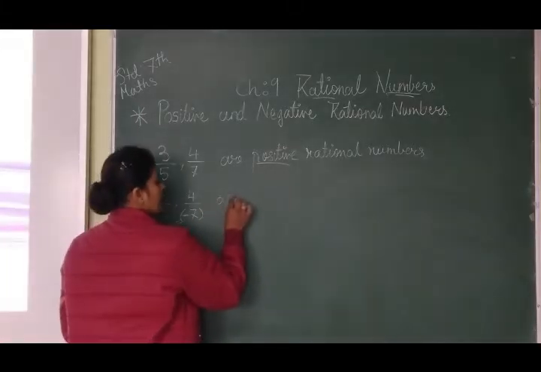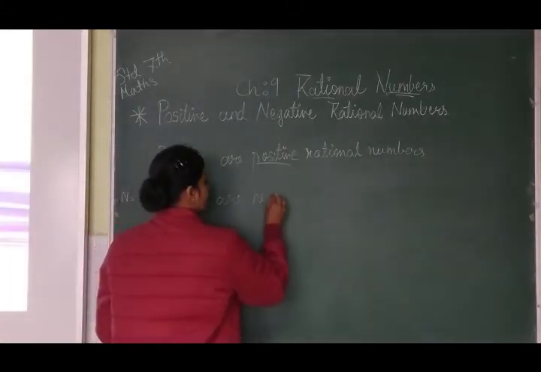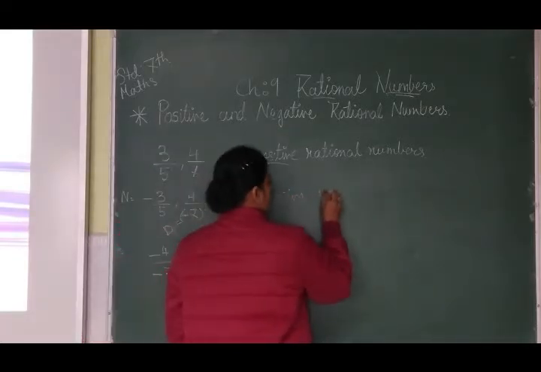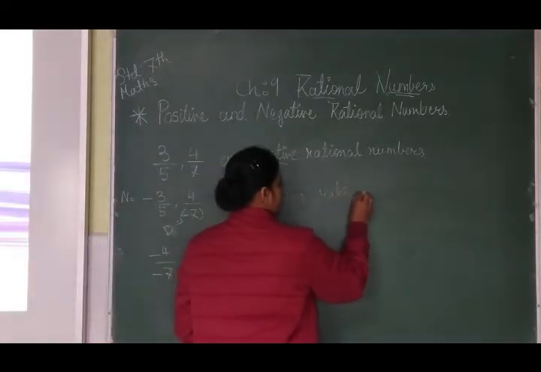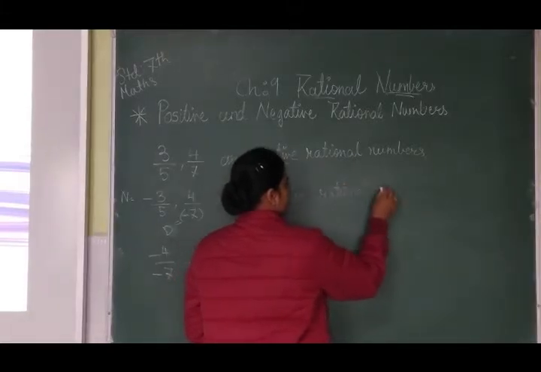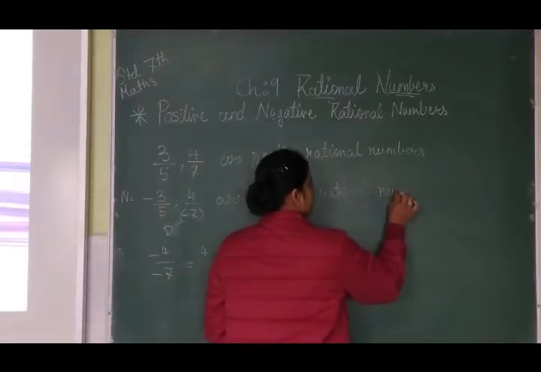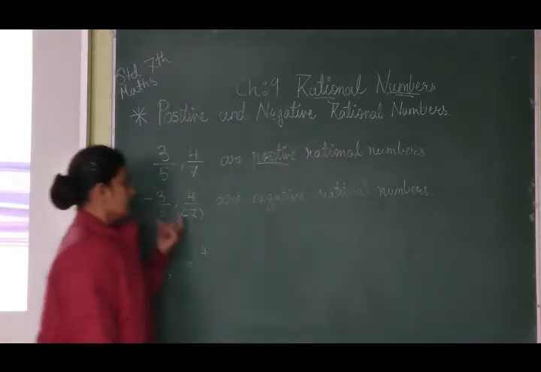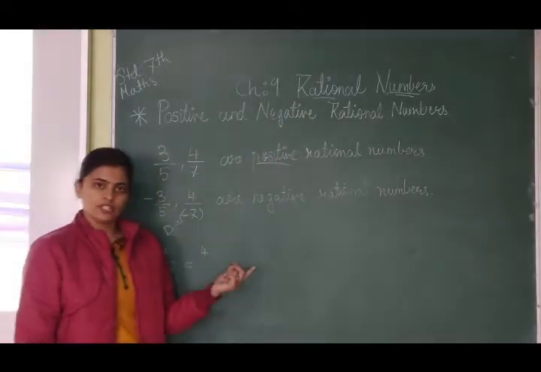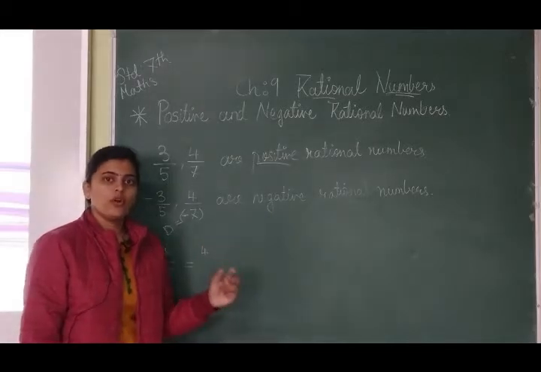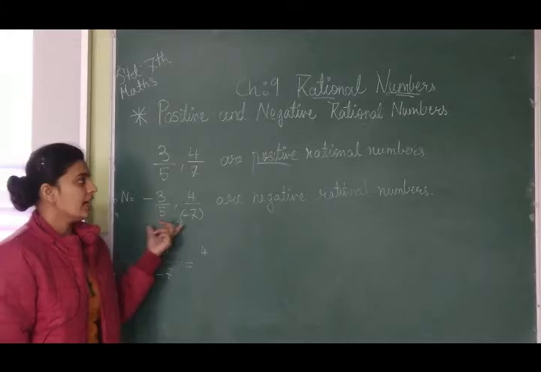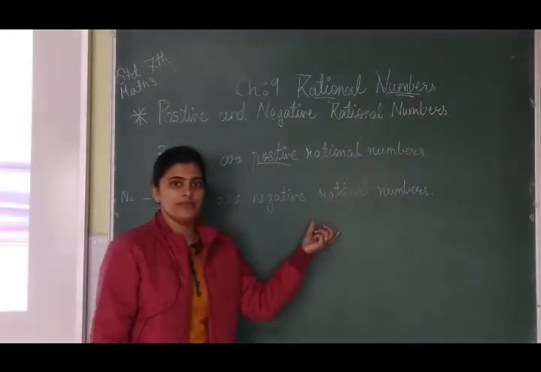So these both are negative rational numbers. Whenever either numerator or denominator, any one of them is negative, then they are negative rational numbers.